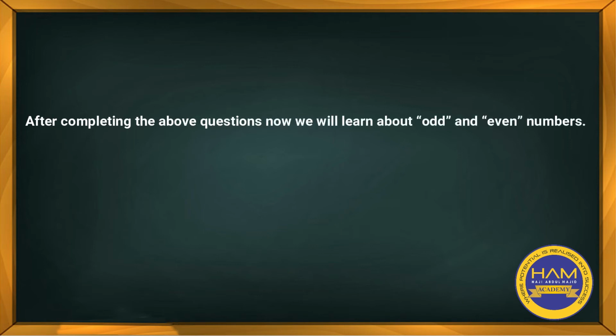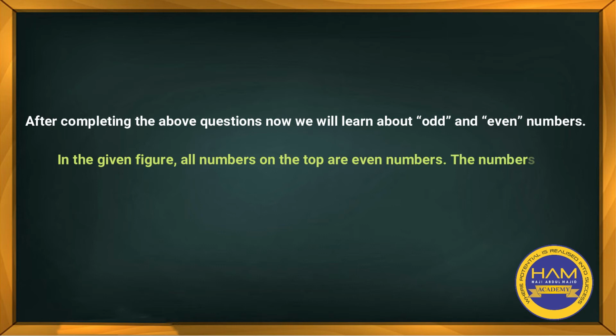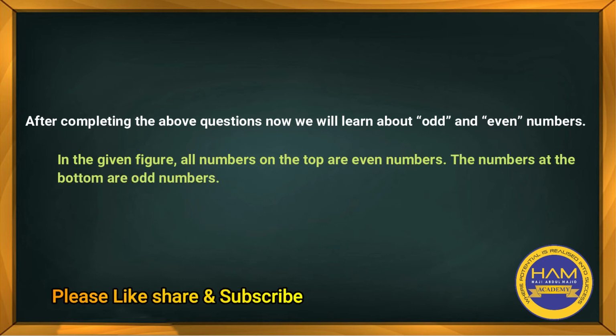After completing the above questions, now we will learn about odd and even numbers. In the given figure, all numbers on the top are even numbers. The numbers at the bottom are odd numbers.